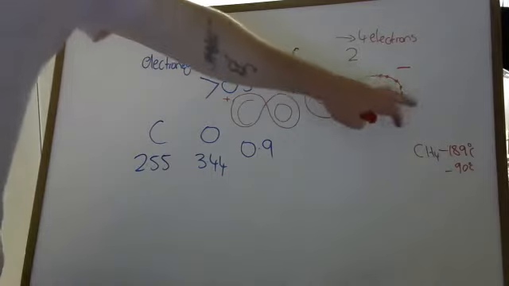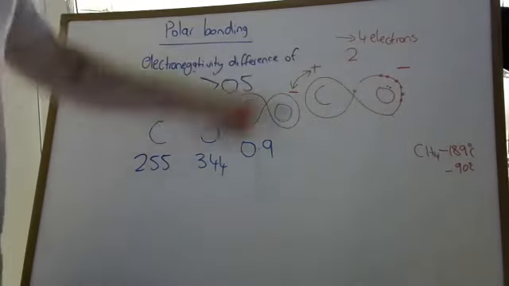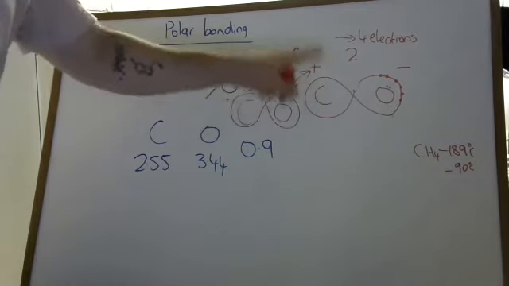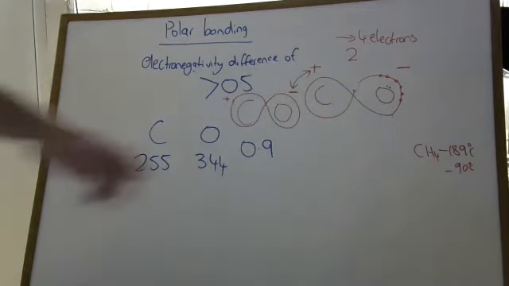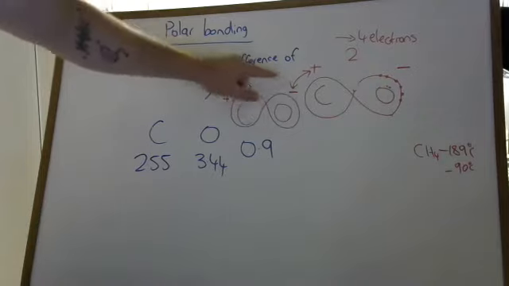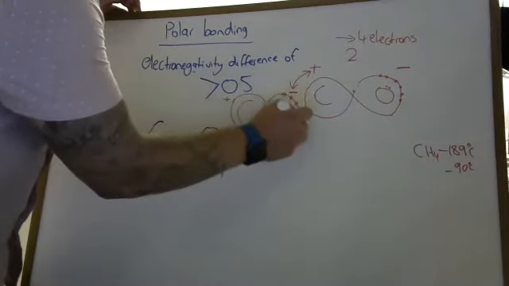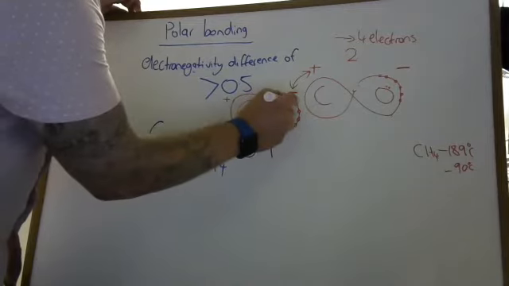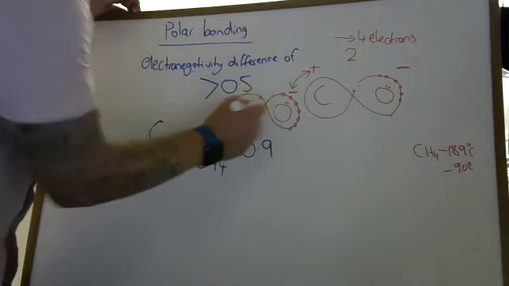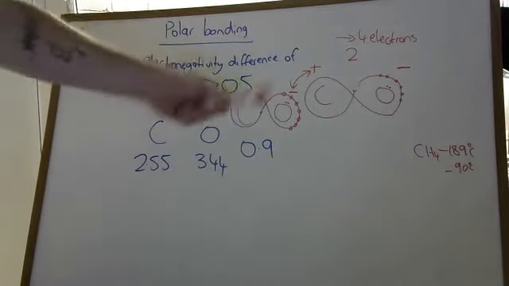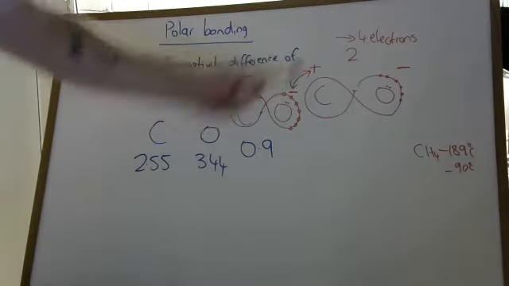So oxygen is really negatively charged. Carbon, the protons in its nucleus are no longer shielded by the electrons. They come up next to the oxygen, which is completely surrounded in electrons, and you get electrostatic attraction.